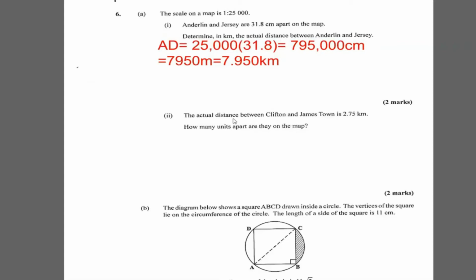All right. Now it gives us the actual distance, and it tells us that the actual distance is 2.75 kilometers. So if the actual distance is 2.75 kilometers, how many units apart are they? First thing is I want to convert that 2.75 kilometers to centimeters. So 2.75 kilometers is actually 2,750 meters.